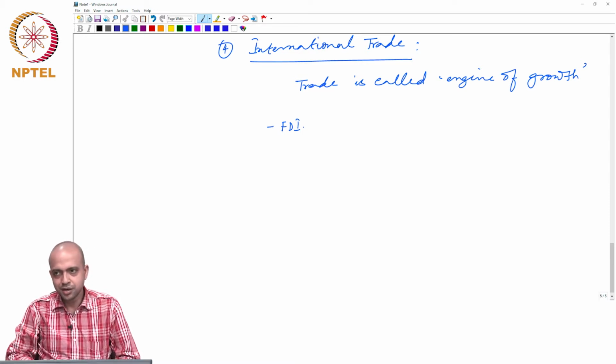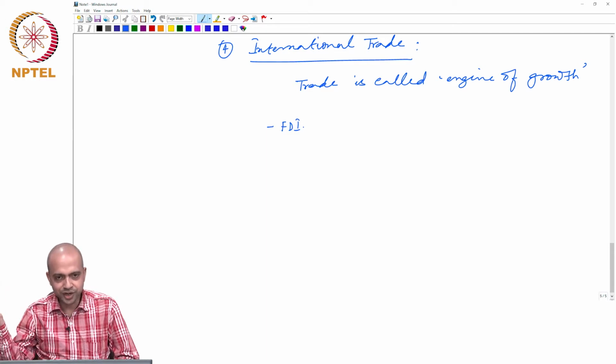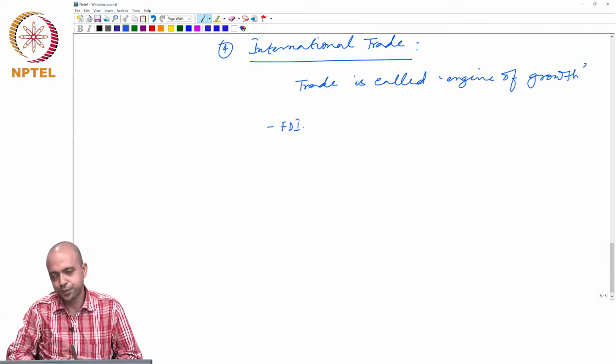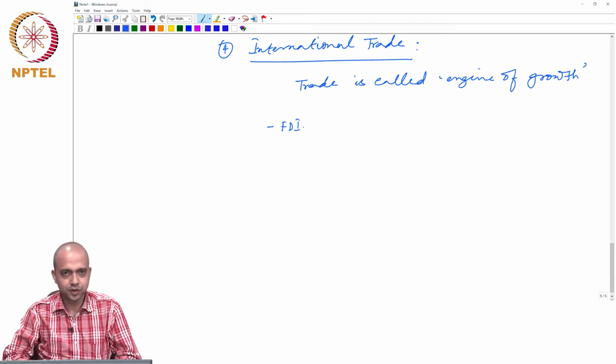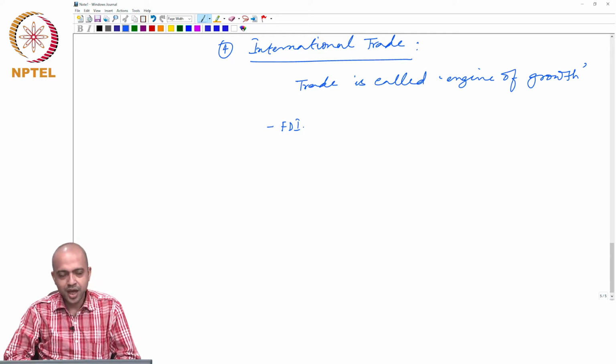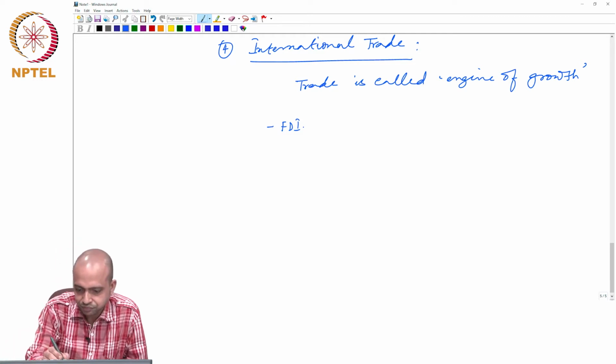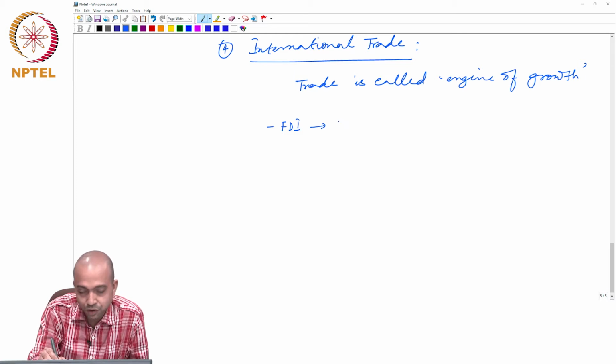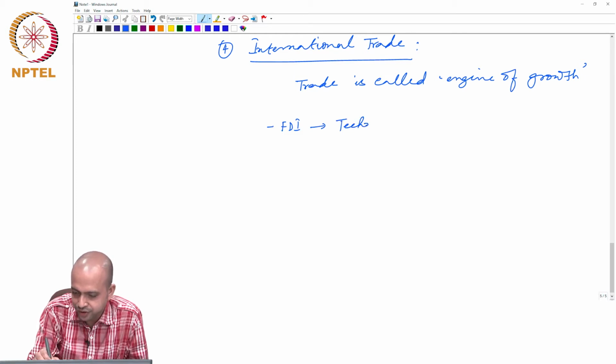What is FDI? FDI is basically foreign direct investment that is coming to the economy. Through trade, as the economy is opening up, this FDI will happen, and through FDI what generally happens is something called technology transfer.